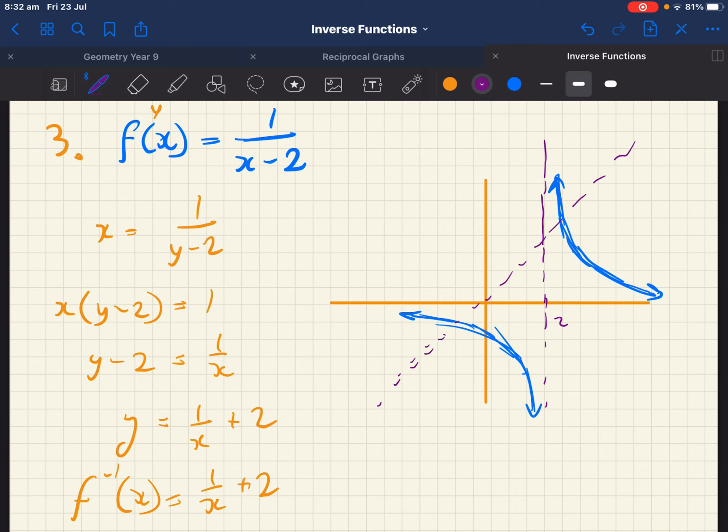So let's go ahead and graph that. So 1 on x plus 2. This has a vertical asymptote at 0, and it has a horizontal asymptote of 2. I know these asymptotes are getting a little messy, but I'm comfortably ignoring the purple.